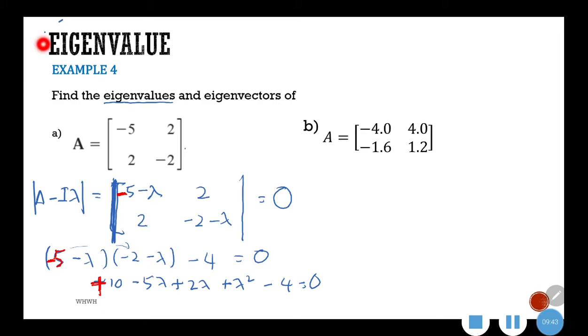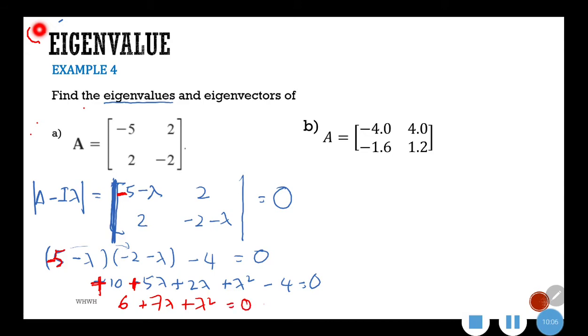And then -5 times negative lambda should also be positive, plus 5 lambda. Plus 2 lambda plus lambda squared minus 4 equals 0. Then 10 minus 4 gives 6, so 6 plus 7 lambda plus lambda squared equals 0.